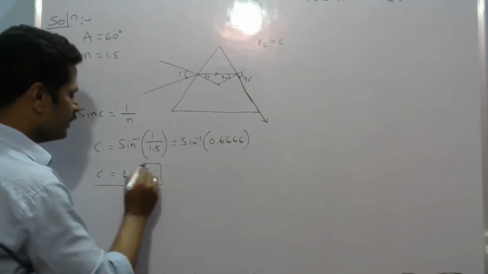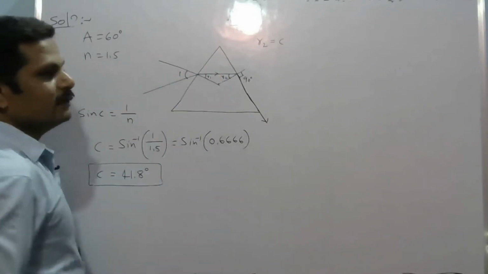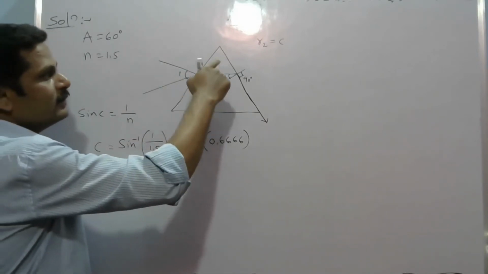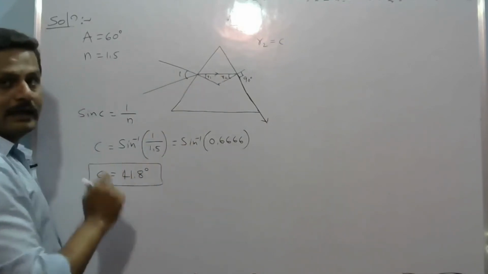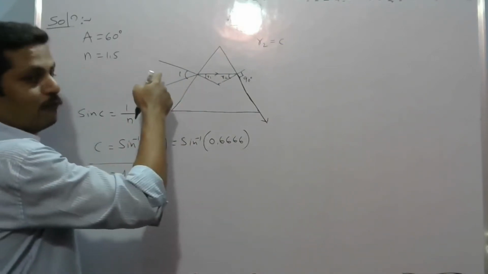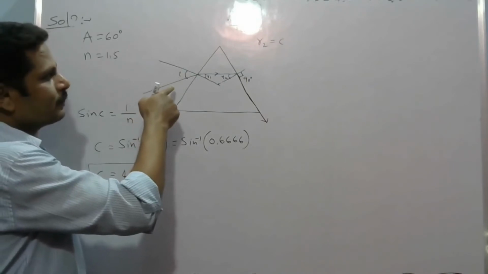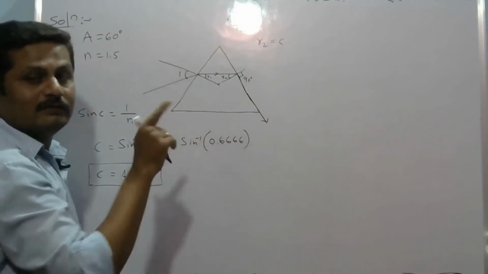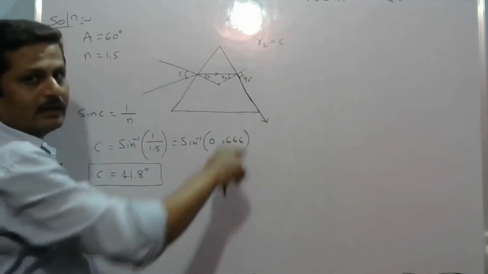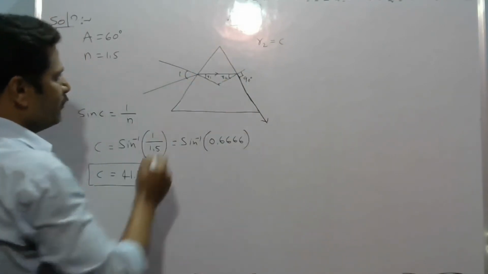This is the value of the critical angle. That means the angle of incidence in the denser medium must be equal to 41.8 degrees. But the actual question is, for what angle of incidence at the first interface does the light ray just suffer TIR at the other interface? So let us find out now.